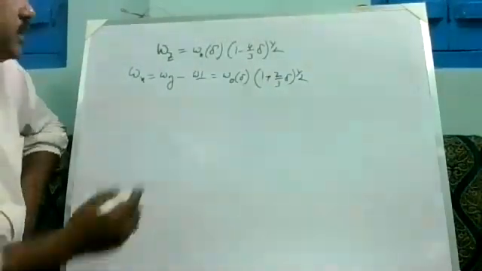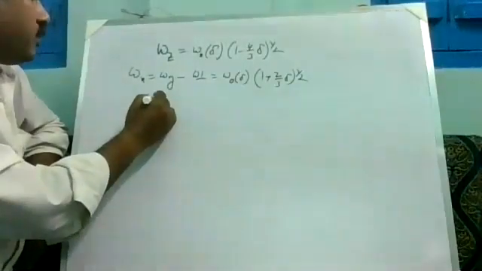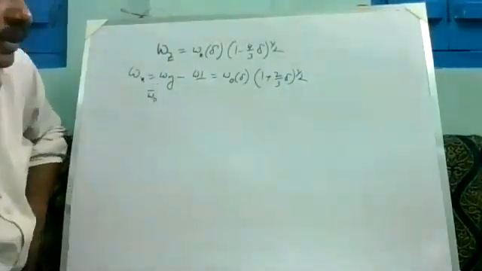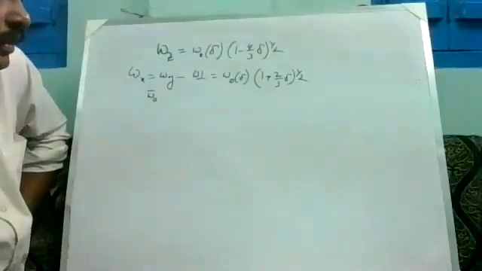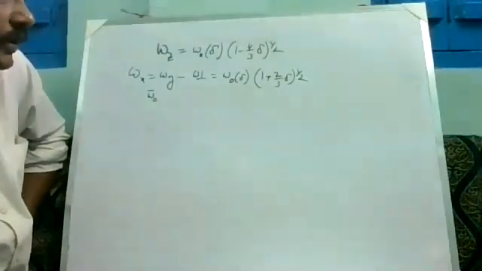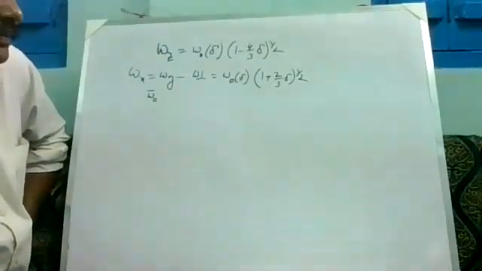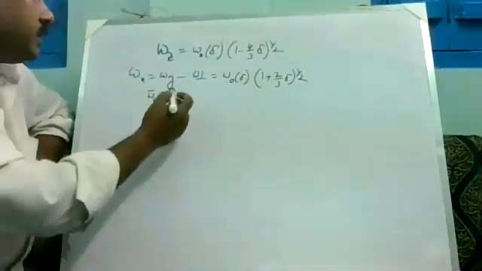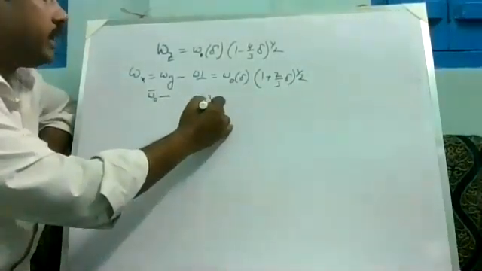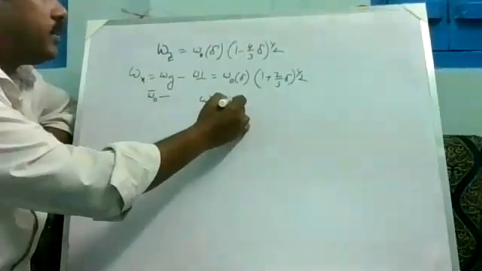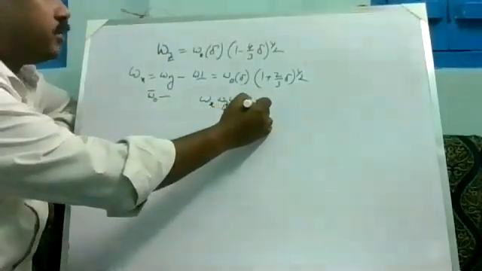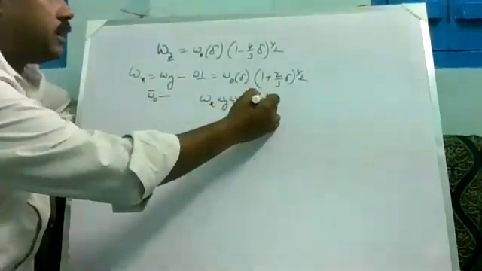Now if omega 0 bar represents the deformation free parameter, then we can say that omega x, omega y, omega z equals omega 0 bar q.